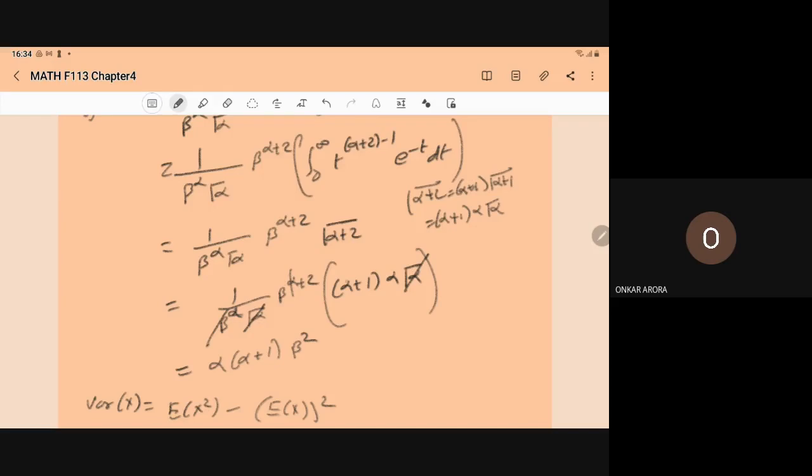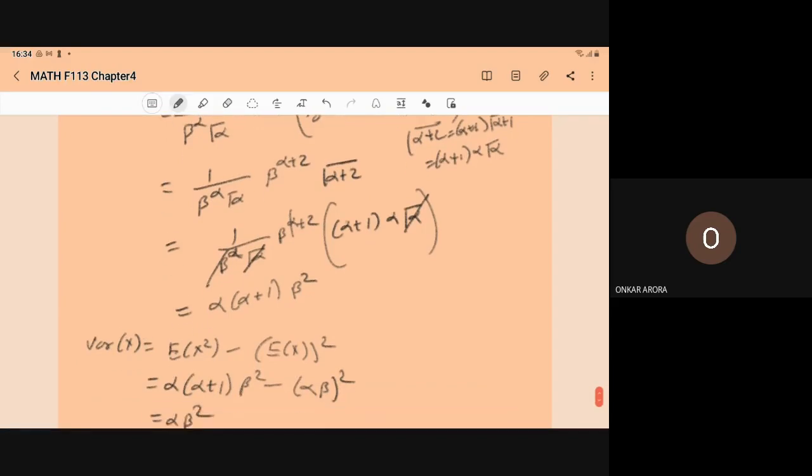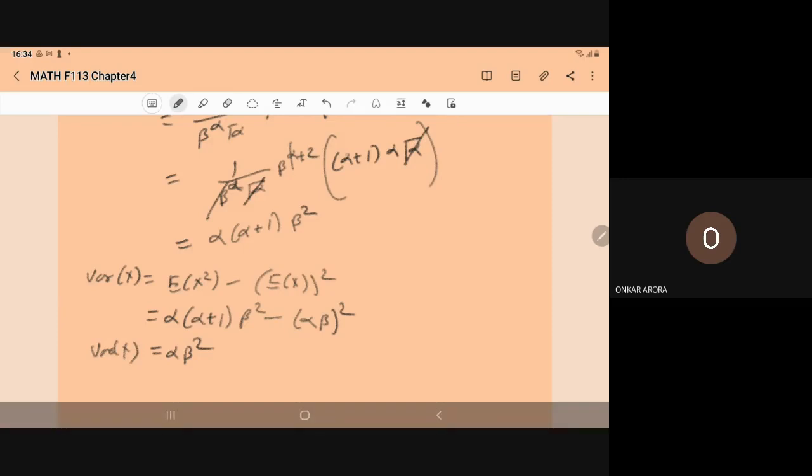So here we have alpha into alpha plus 1 into beta square. You know the computational formula for the variance: E of x square minus square of E of x. So it will become alpha into alpha plus 1 into beta square minus square of alpha beta. That will give you the value alpha beta square. This is the variance of the gamma variate.